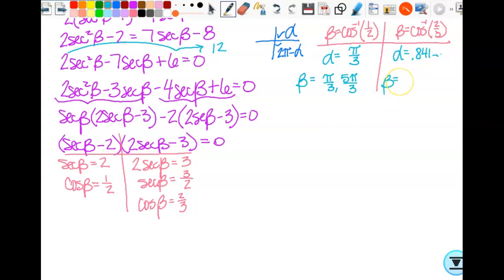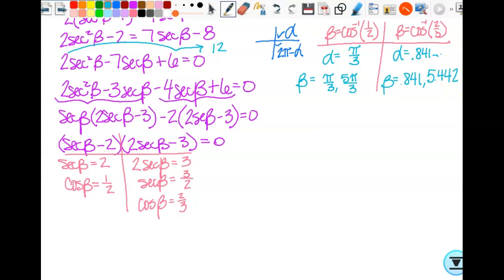Okay, so then I need alpha and 2 pi minus alpha. Find those. And then for this one, you wouldn't need to store it. I mean, you can, but you don't have to. .442.